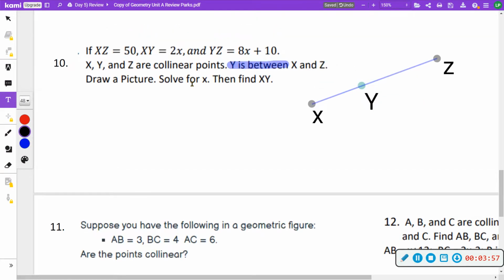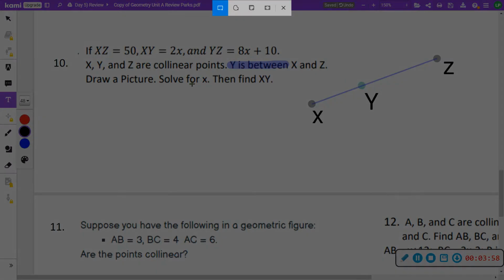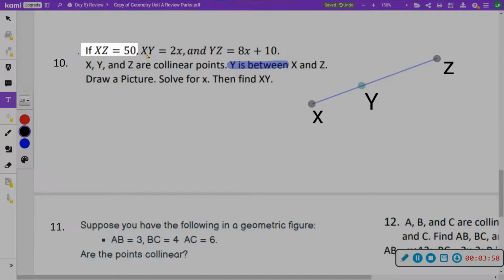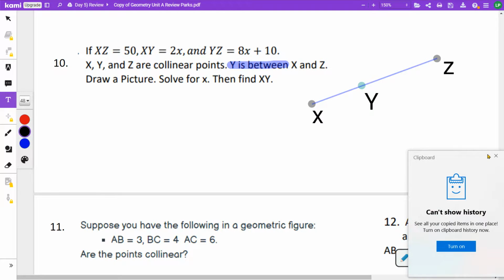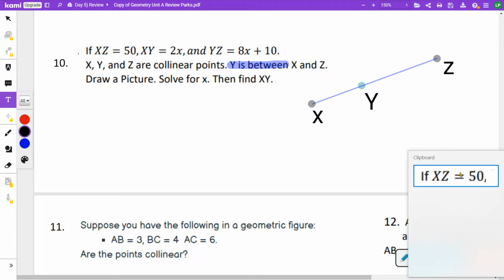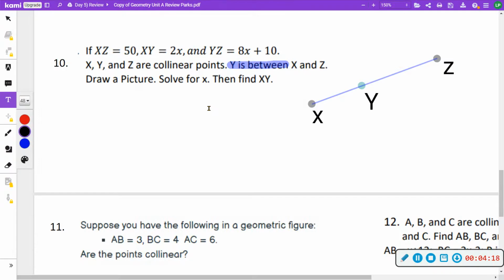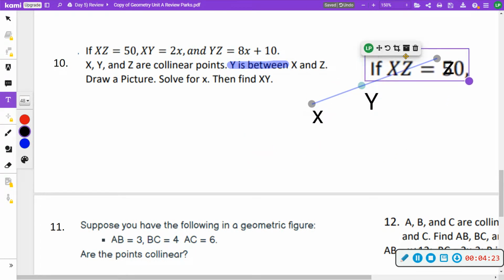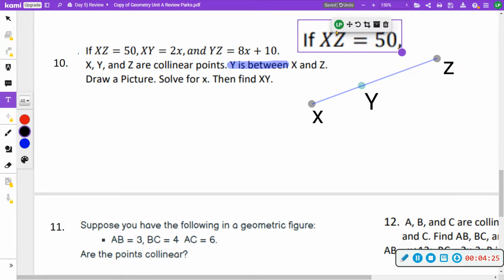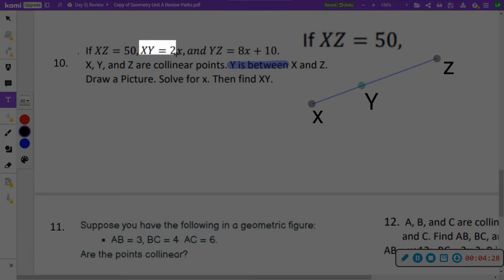All right, so what we know is that XZ is 50. The whole thing is 50. We also know that XY is 2x.